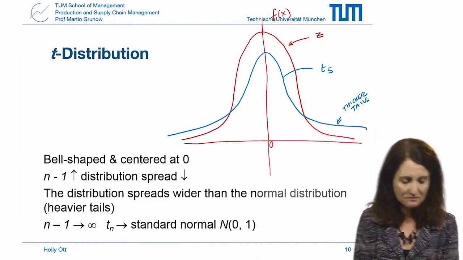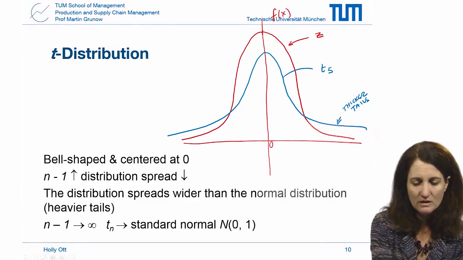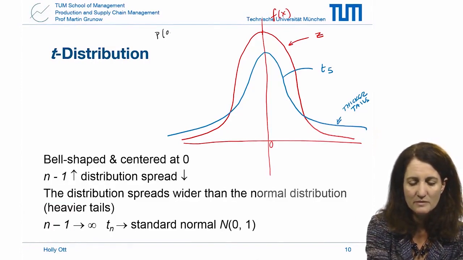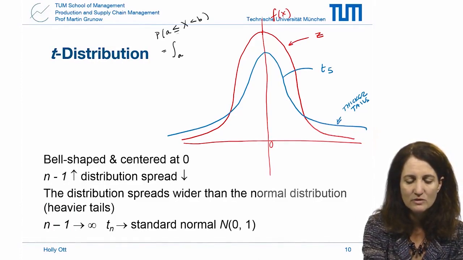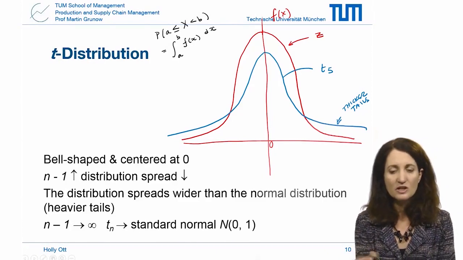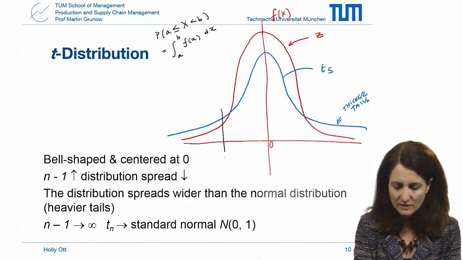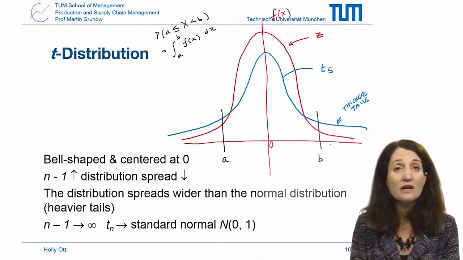Now, what does this mean? We have to go back a little bit to our probability. If we have, for example, the probability that our random variable x is between 2 points, we learned that we have to integrate our probability density function to get that probability. So if I take 2 points, A and B, I have to integrate under that curve.